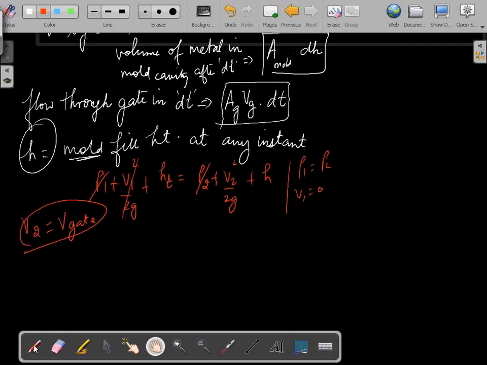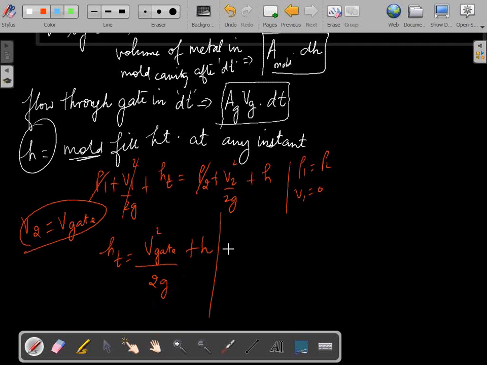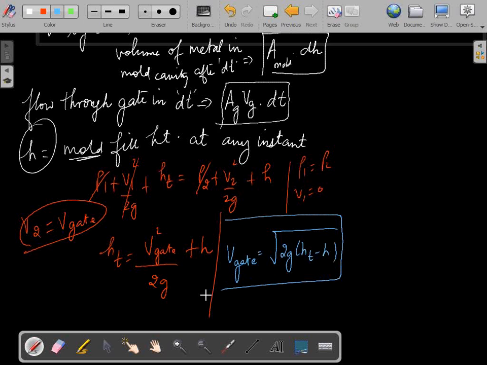If you substitute it, ht is equal to V gate square by 2g plus h. From this equation I can say that the velocity of gate is root of 2g into (ht minus h). So this is a formula to calculate the velocity of liquid through the bottom gate at any instant with height h.